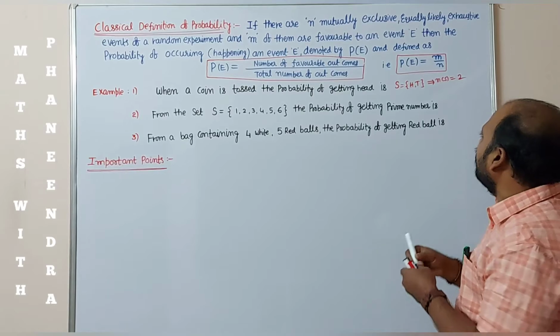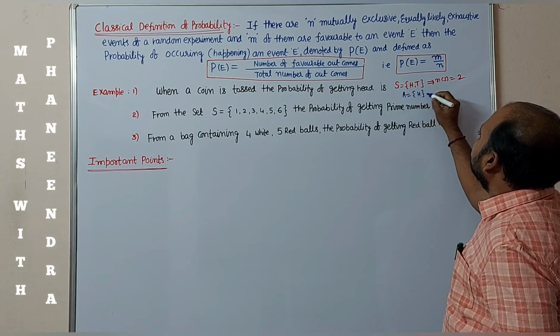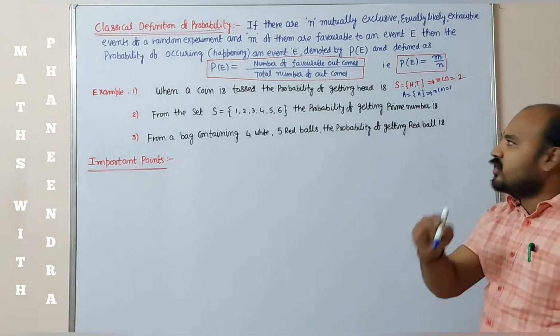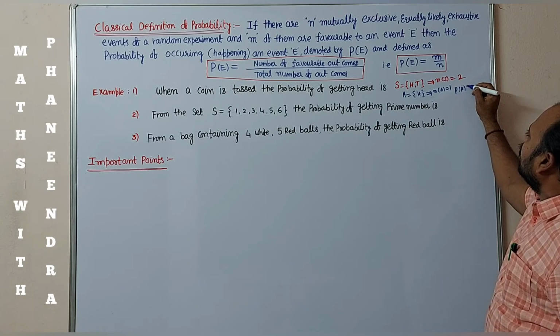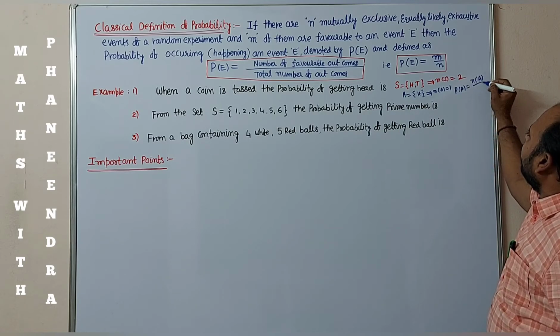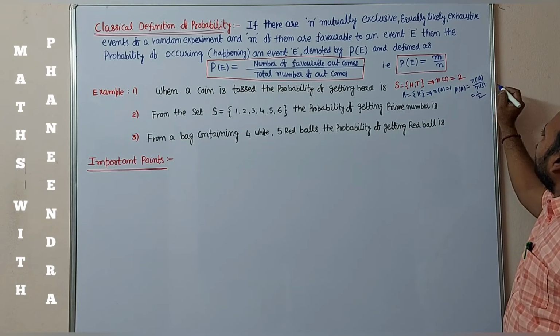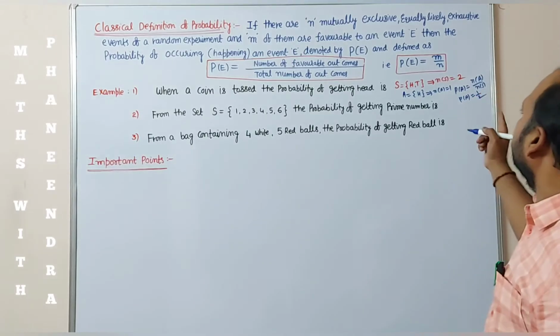Take A as the event. A is equal to {H}. How many are there? n(A) is equal to 1. So therefore the probability of the event A is P(A) equal to n(A) by n(S). n(A) is 1, n(S) is 2. So 1 by 2 is the answer. This is the way you can give the answer, dear students.